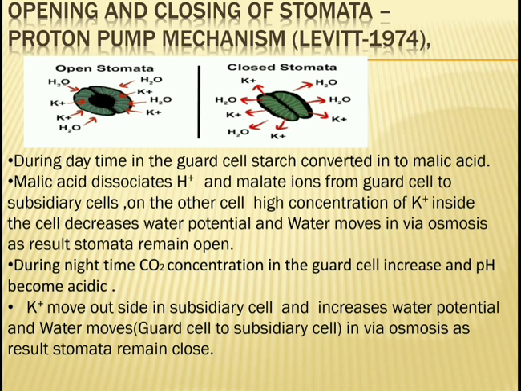Subsidiary cells are present around the guard cell. So water moves from subsidiary cell to guard cell, the guard cell becomes turgid and stomata remain open. So this is the simple thing. What happens during daytime? Starch is converted into malic acid. Malic acid is responsible for dissociation of hydrogen ion and malate ion from guard cell to the subsidiary cell.